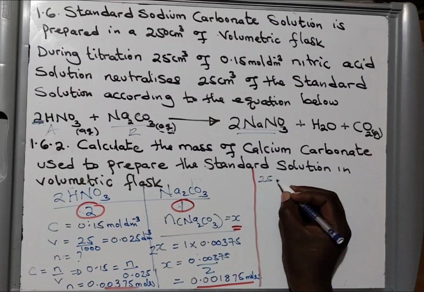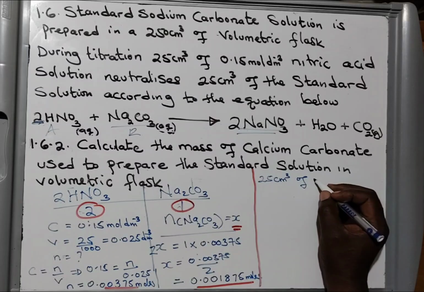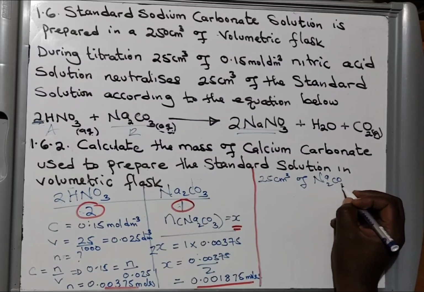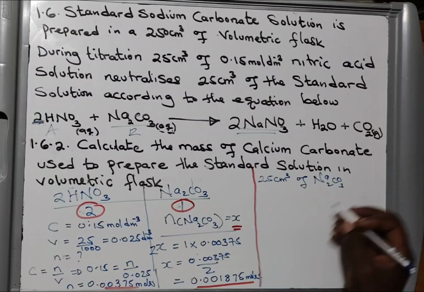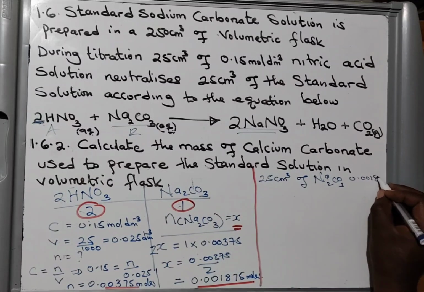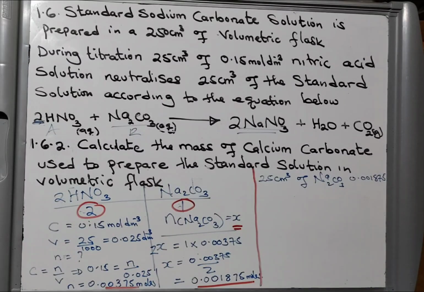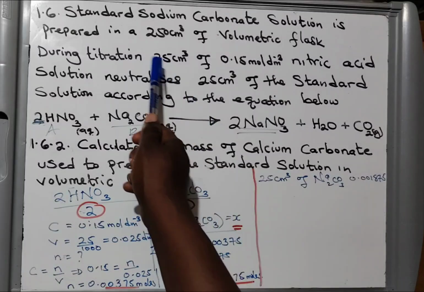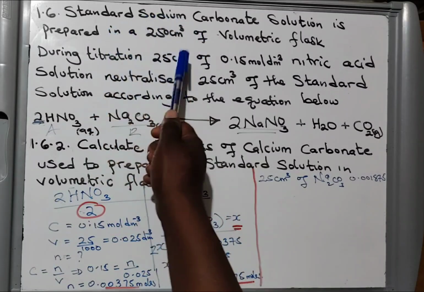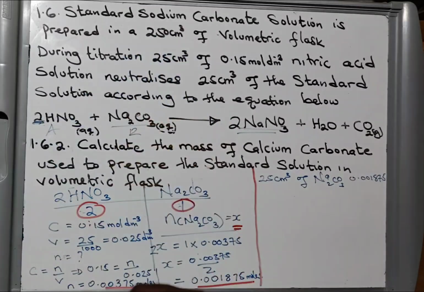We know that 25 cubic centimeter of the standard solution of sodium carbonate contains how many moles? It contains 0.001875. But you need to recall that our standard solution is not made up of 25. We prepared 250, and out of the 250, we took out 25.